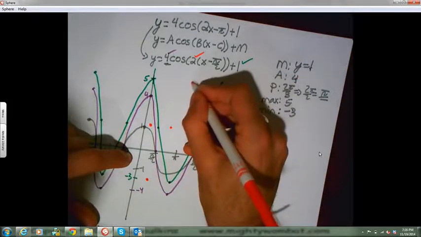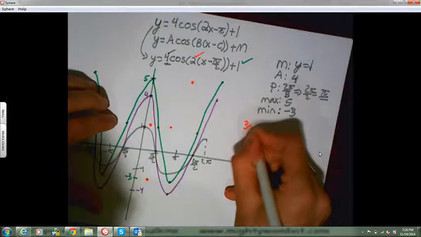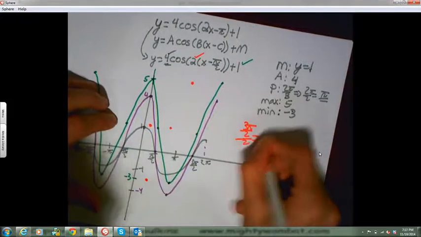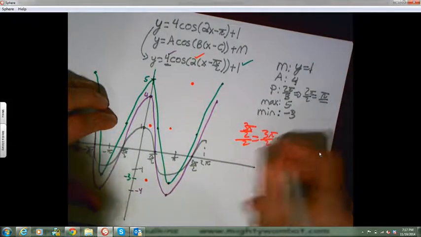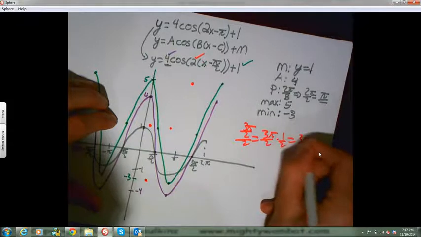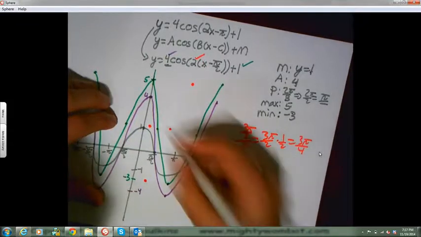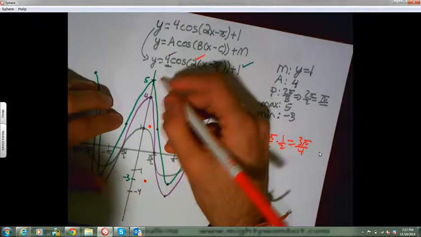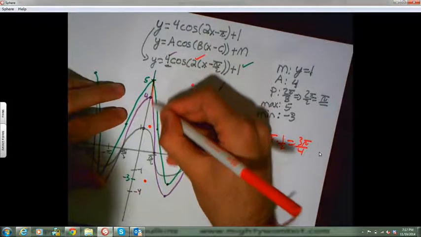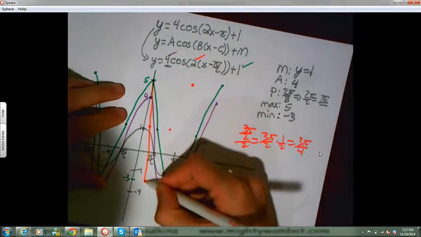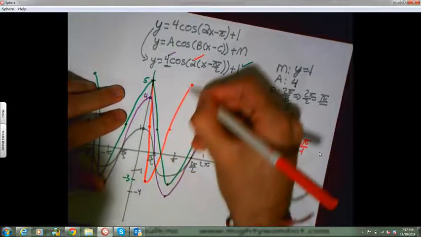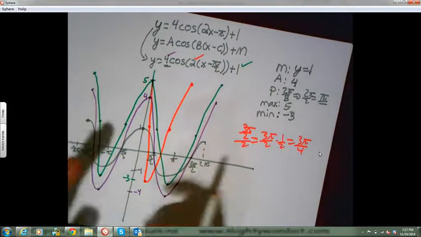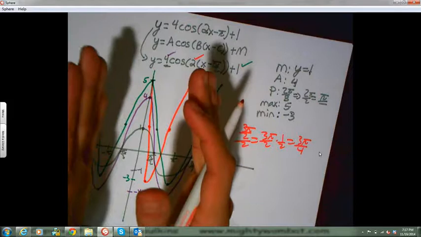So 3 pi over 2 divided by 2 is 3 pi over 2 times 1/2, so 3 pi over 4. I think the rest are pretty self-explanatory. So we come down here and up. Notice the red is compressed relative to the green.